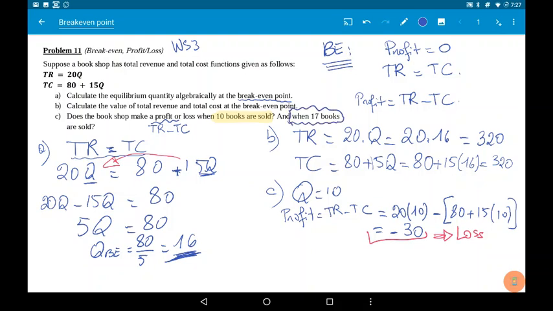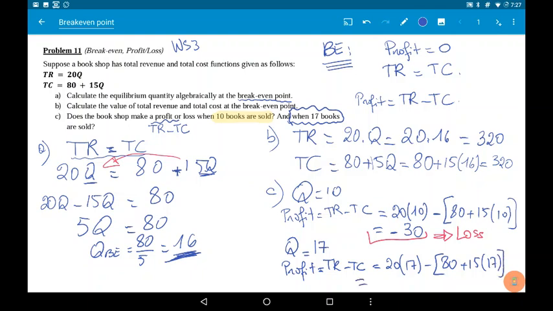And when 17 books are sold, so 17 books are sold means Q equals 17. Profit equals TR minus TC equals 20 times 17 minus (80 plus 15 times 17), which is 5.